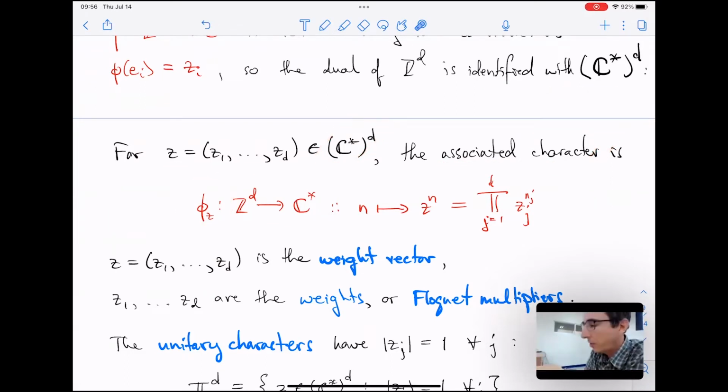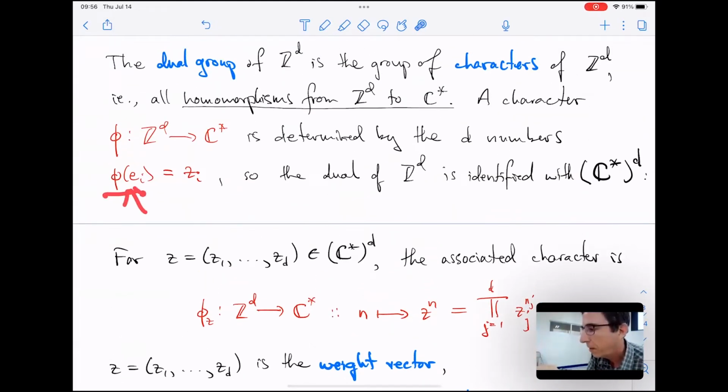That's a function from the group Z^D to C* that takes a vector n to just z to the n power. z to the n power is shorthand for z1 to the n1 times z2 to the n2, etc. Remember I told you that if I know phi of e_i for each elementary vector, then I know the whole homomorphism by extending it, because Z^D is generated by these elementary vectors. Therefore the homomorphism needs to be generated by the values at those elementary vectors. And this is how you do it.